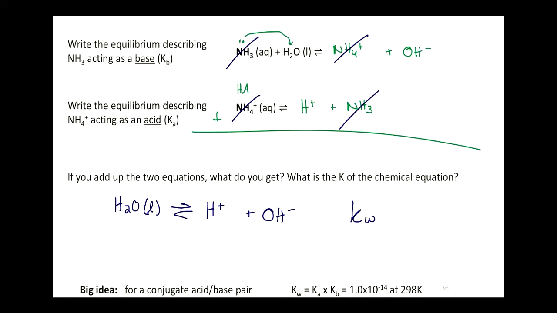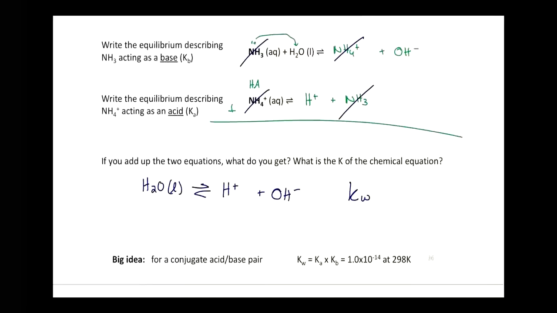So the beauty, what we just proved, is that for a conjugate acid-base pair, the Ka for the acid and the Kb for the base form, when you multiply those two things together, you get Kw. So that means if I give you the Ka for HF, you actually already know the Kb for F minus.